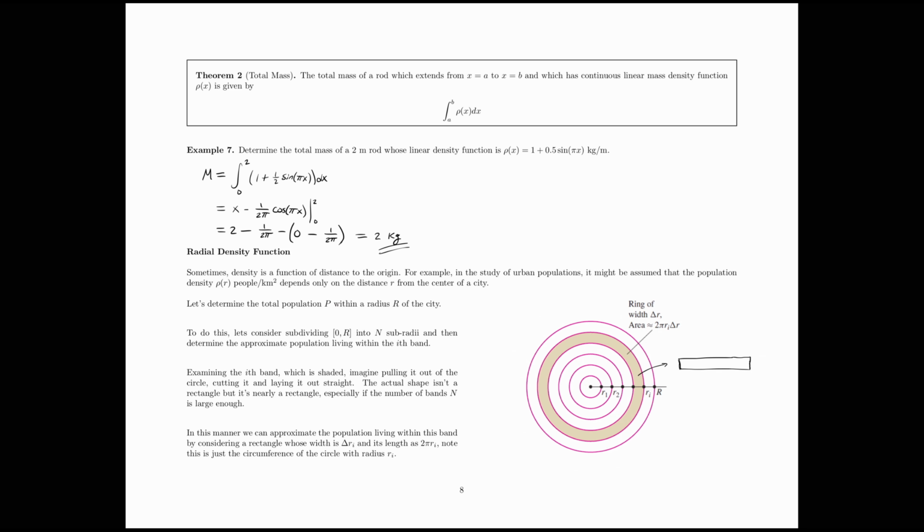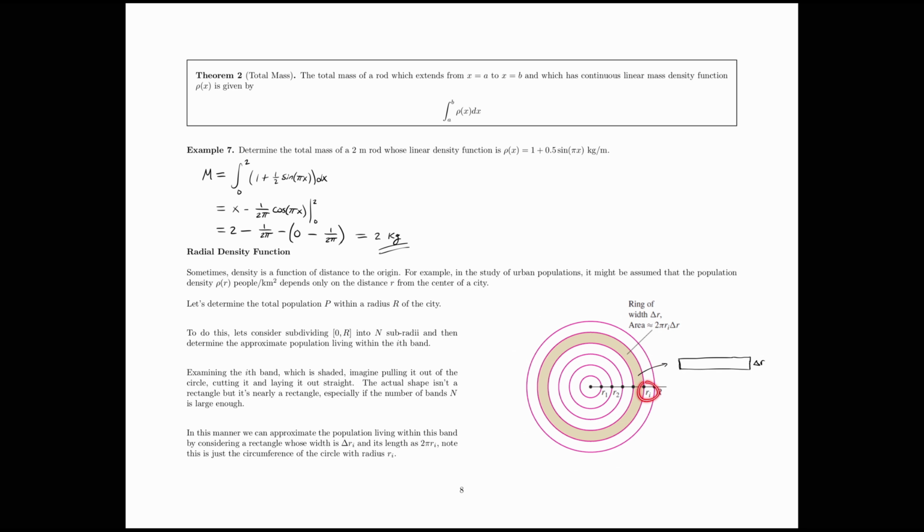Okay, so what is this distance? We already know this is delta r. So this distance here is delta r. And this distance here, we don't quite know, but we could figure it out. Since delta r is very small, we can say that it is either the circumference of the larger circle or of this one. It doesn't matter because delta r is very small, so r sub i minus 1 and r sub i are approximately equal to one another.